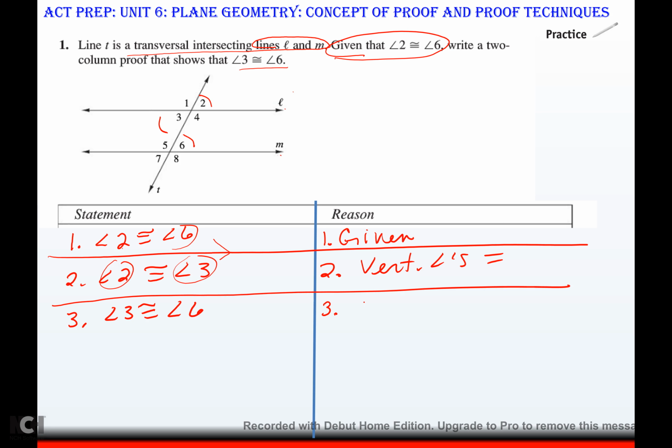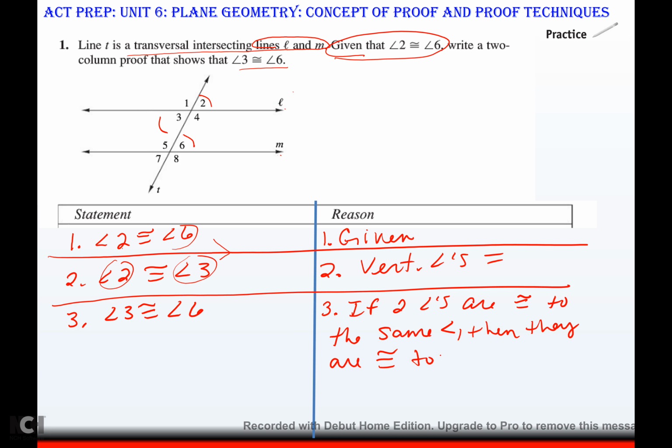And the formal reason is, if two angles are congruent to the same angle, then they are congruent to each other. And see the shortcut, we don't ever write out congruence or angles, we use the symbols. And so I'm done. I've proven it.